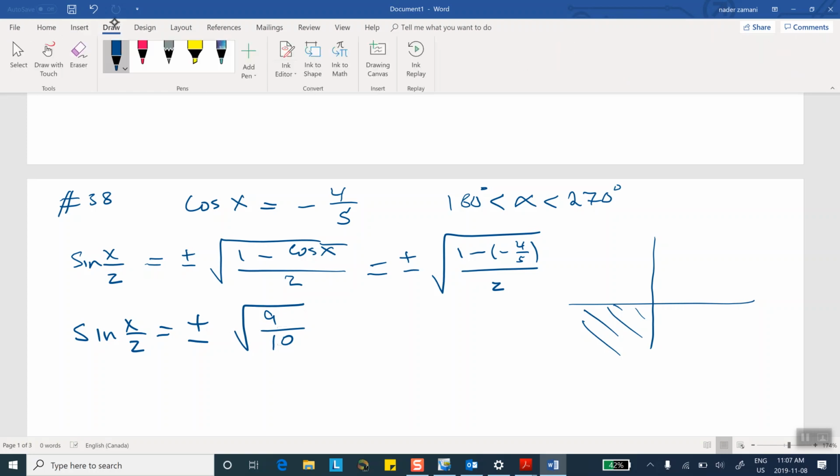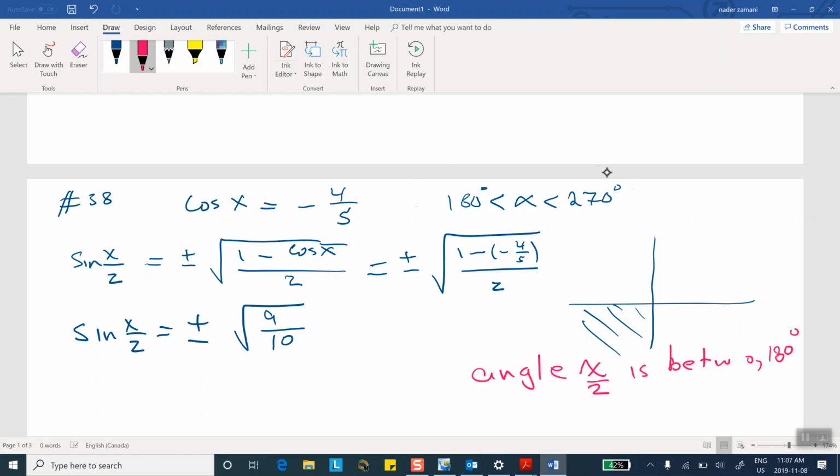Now this is where we have to look at our situation. If your angle x is anywhere there, angle x over 2 is between 0 and 180 for sure. Let me give you an example.